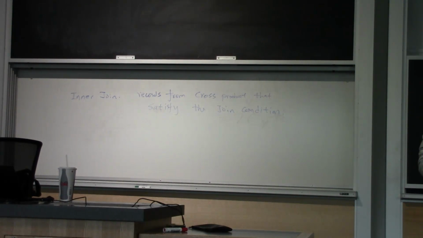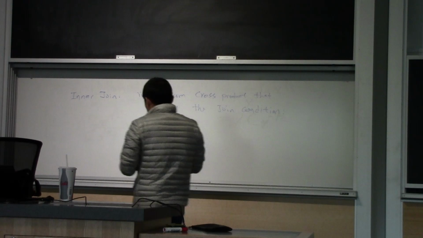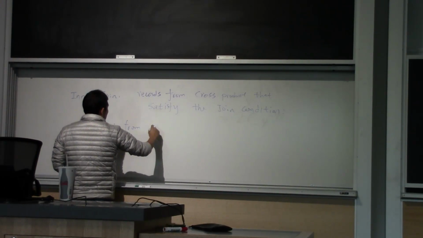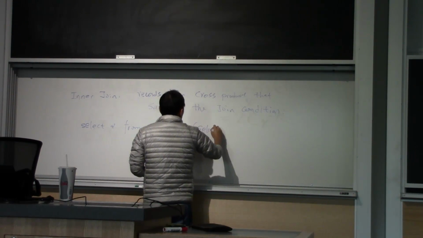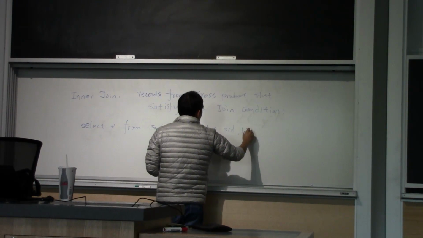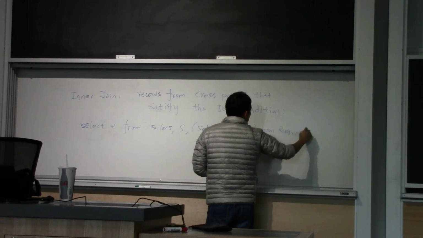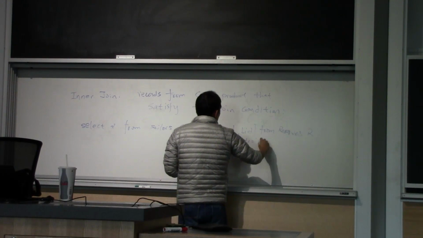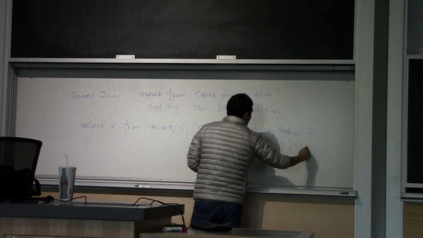How do you alias inner joins? So like using the keyword as? You mean like this?